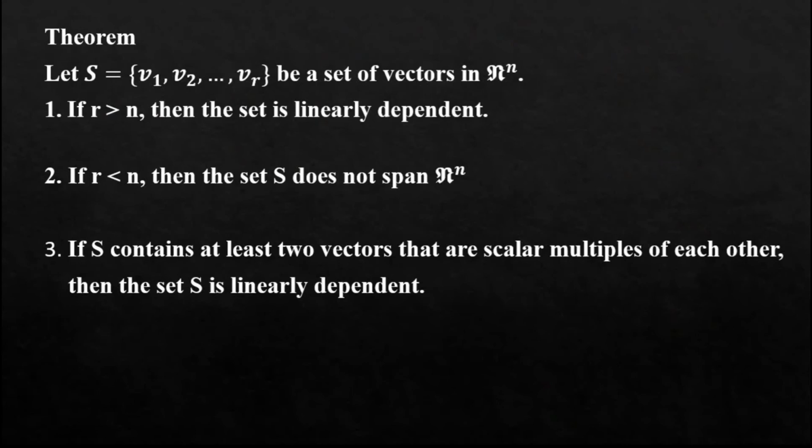So let's look at this very neat theorem. This theorem is most important. Let S be a set of r vectors in Rn. Within Rn, the size here is n, but this set has r vectors.